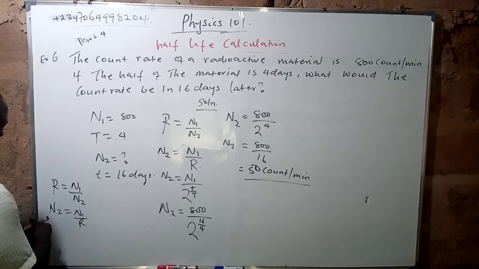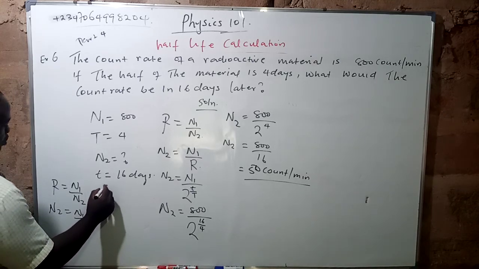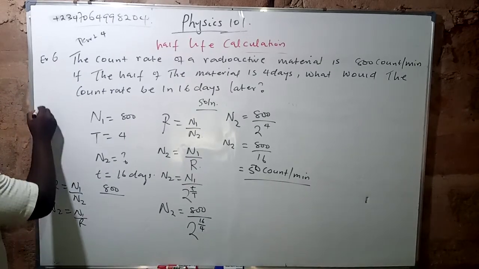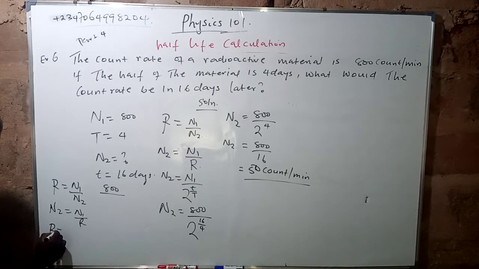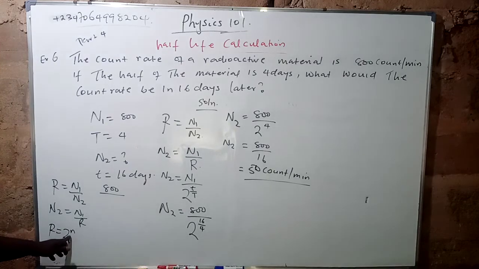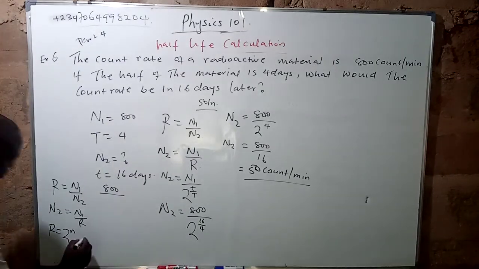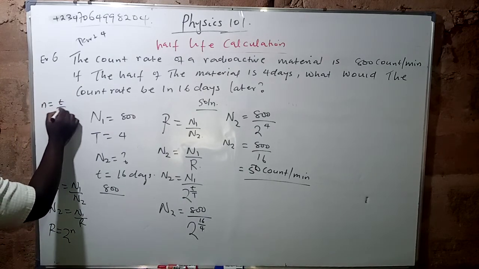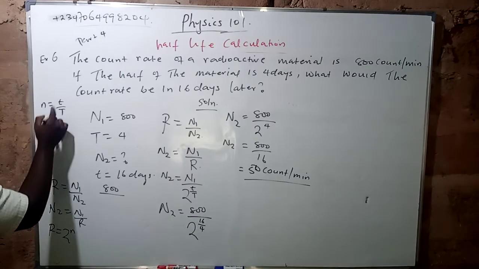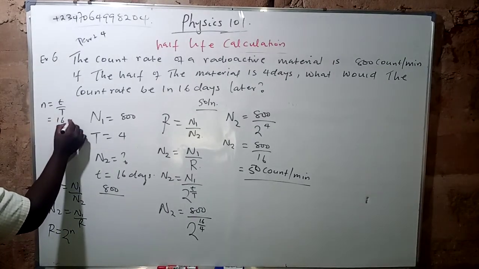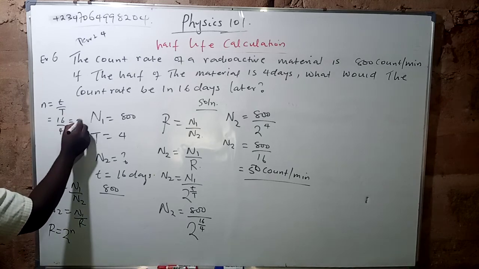So from here, you already know your N1 to be 800 all over your R. Remember that our R is 2 raised to the power of n. So if you can get your n, let me solve it. Your n is t all over capital T, and so this will give you 16 all over 4, and 16 divided by 4 should give you 4.